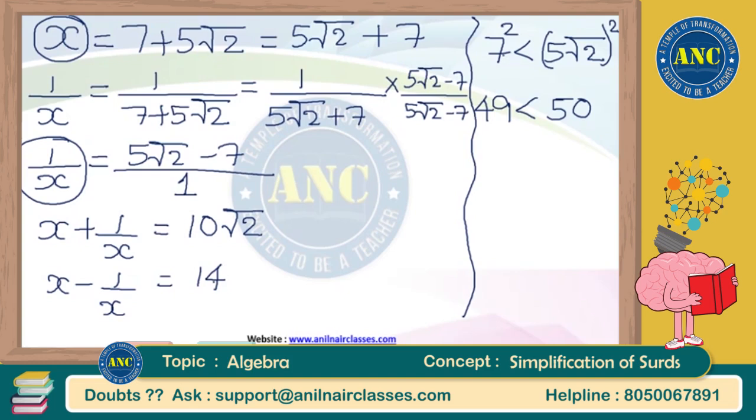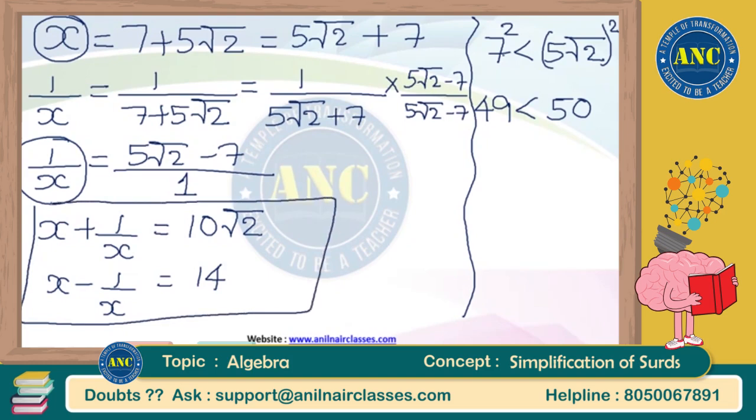So very important point. The sum of a variable and its reciprocal in this example is 10 root 2. The difference of a variable and its reciprocal in this example is 14.